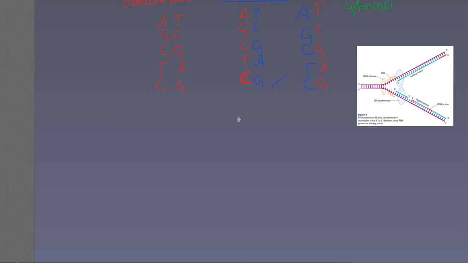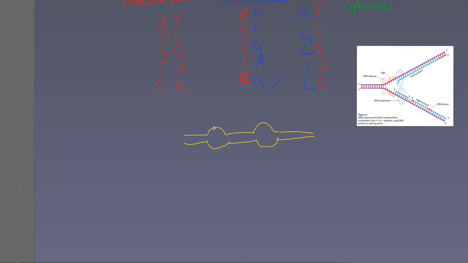So what happens is, as DNA wants to replicate, if I'm drawing the DNA right here, this is one strand of the DNA and this is the other strand, with some sort of bubbles.